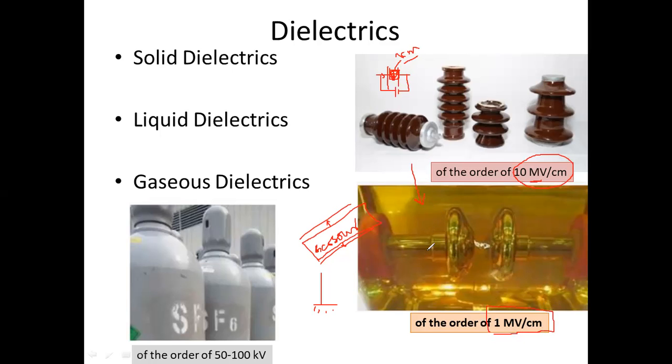The gaseous dielectrics have lower dielectric strength compared to the solid and liquid, on the order of 50 to 100 kilovolt. A few examples are SF6, air, carbon dioxide, nitrogen, etc.